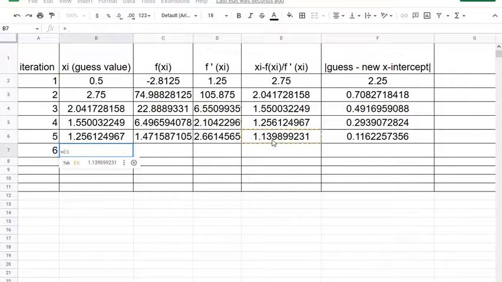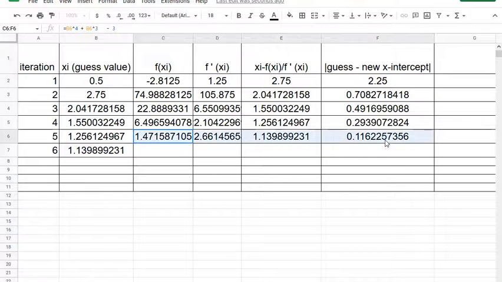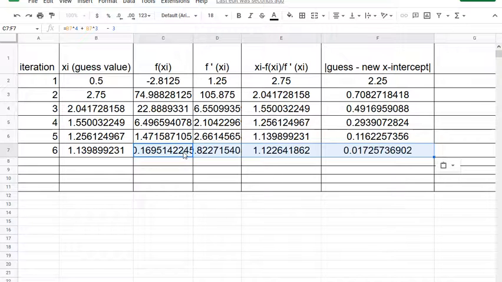And this time it will be equal. We start the guess value with the previous x-intercept, which is in E6. And then copy, and then paste. The difference is still too large, so we go to iteration 7.